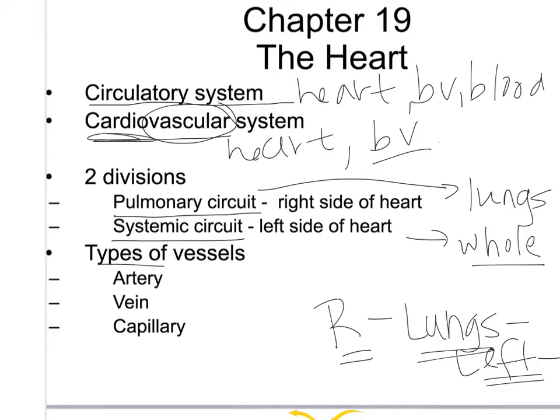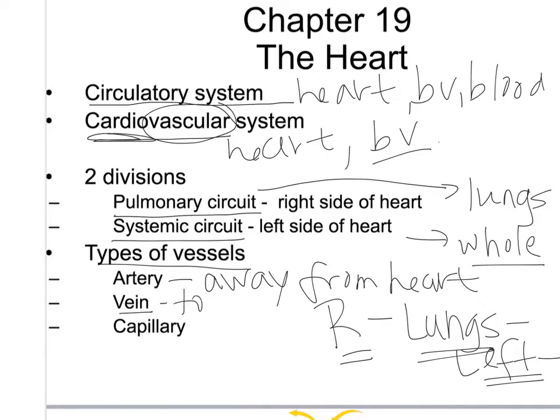Now, three main types of vessels. The best way to define these: arteries always carry blood away from the heart. Veins carry blood towards the heart. Typically, we look at arteries as red and veins as blue, but that is not always true.